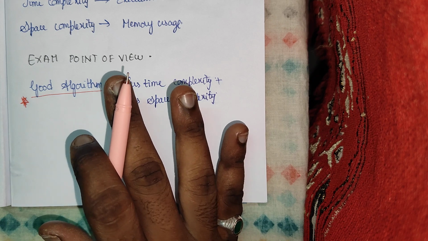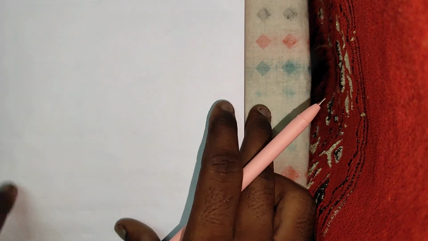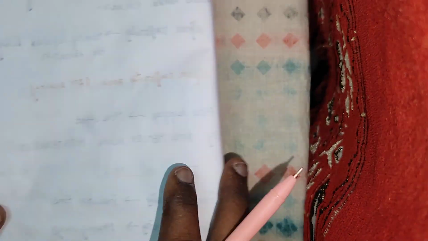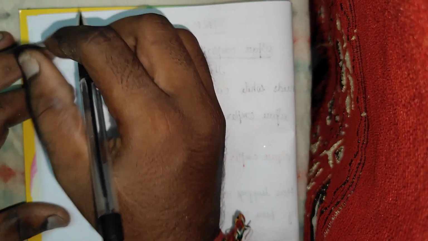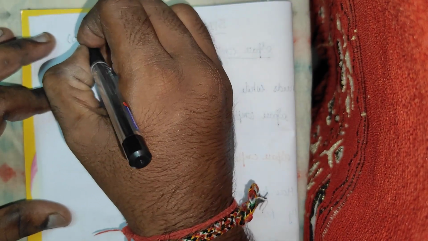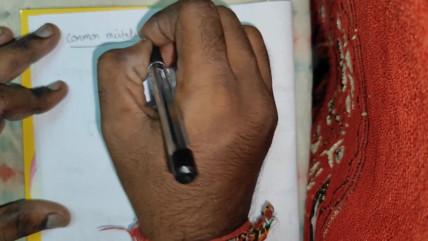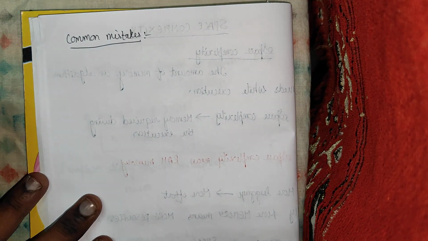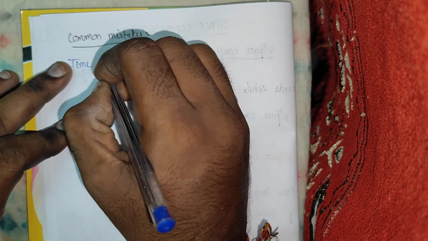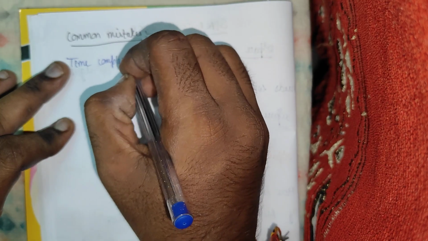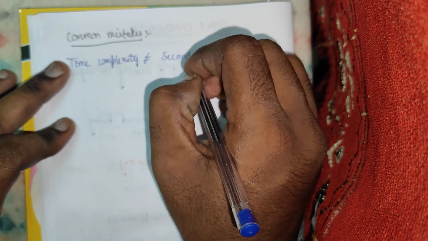So here you will write some of the common mistakes, where students usually fall into the trap. What are the common mistakes students usually make? Time complexity is not equal to seconds.